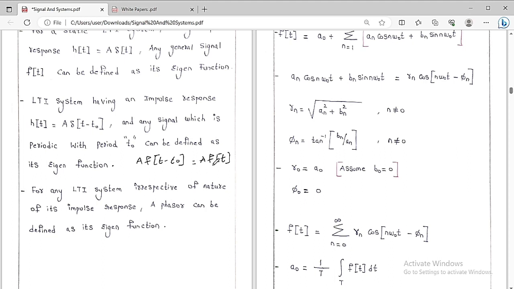So the output is a constant multiple of the input. So it also coincides with the property. So we can say that the exponential terms are called the eigenfunctions for this corresponding system.